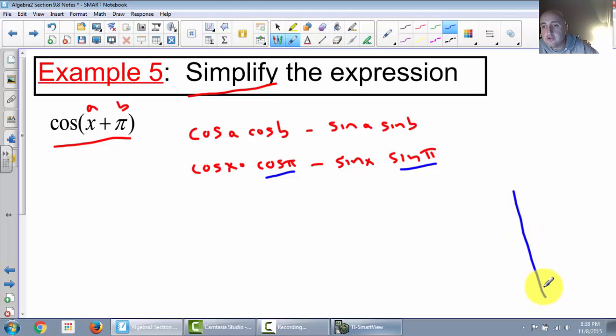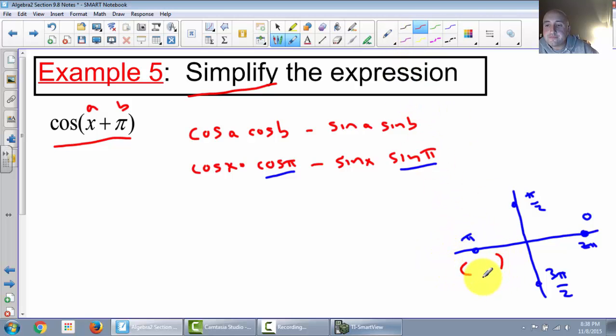So if we draw our xy plane, remember that we have ordered pairs here. Once again, 0, pi over 2, pi, 3 pi over 2, and 2 pi. We have cosine of pi and sine of pi. Well, what's the ordered pair here at pi? The ordered pair at pi is -1, 0.